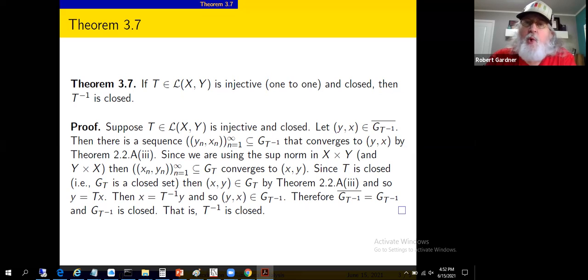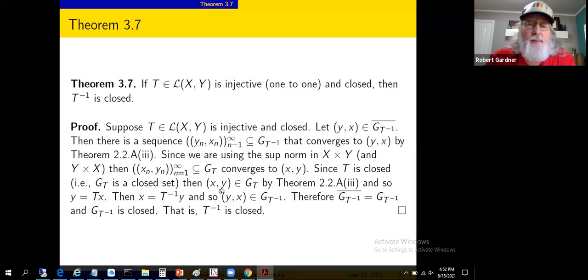It's really an if and only if result that we're using, but the same idea taken in the other direction. So since we have a closed set, this limit point must be an element of that set.